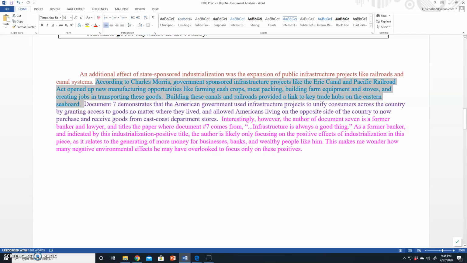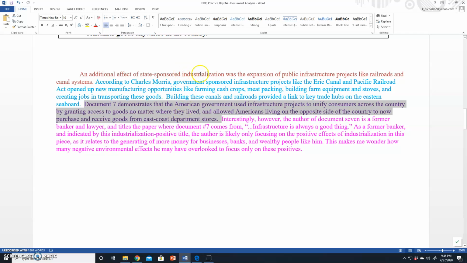I'm just describing the document. This last thing that we did yesterday was supporting it. I'm now linking it to my thesis by saying this document is supporting my thesis because it's trying to unify consumers across the country, right?